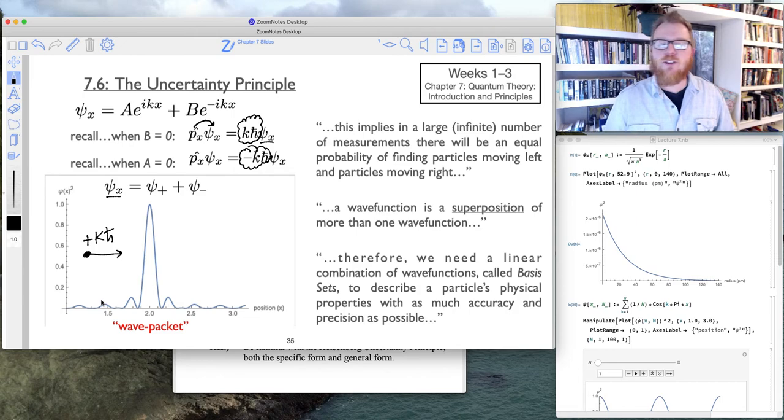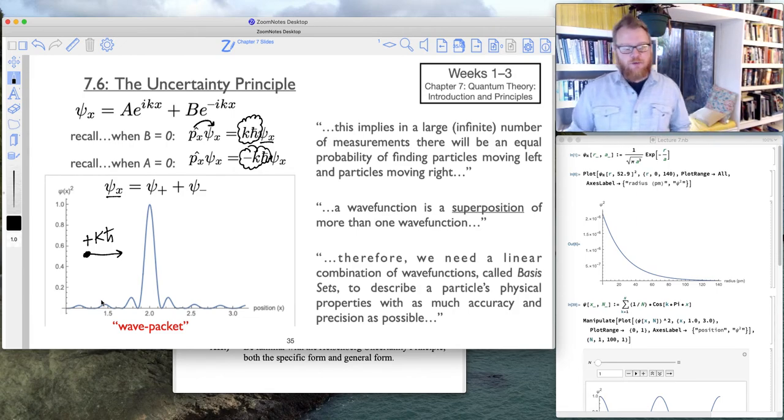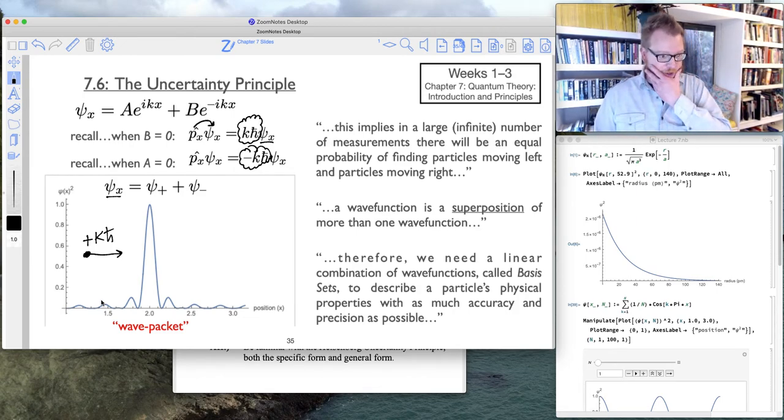And so recall that also came from our discussion of the second derivative giving us this idea of curvature and kinetic energy. So as you can see here, the kinetic energy is very low, and it picks up and it picks up, and it really increases going up this curve, okay? Well, we also have this negative momentum state given by negative k h bar, okay?